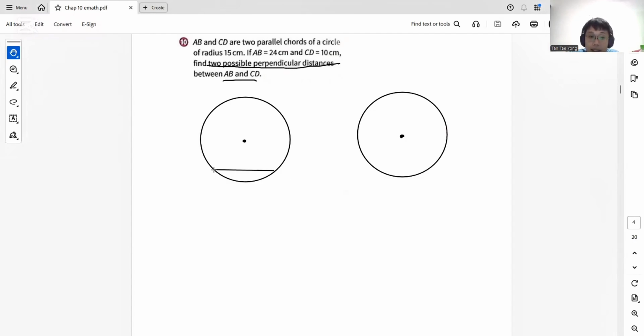Okay, like this, right? These two is like CD. And then one scenario is like this, AB is here, or it's closer, something like that. So there are two scenarios. So this is AB and then CD. Okay, so this is AB and then CD.